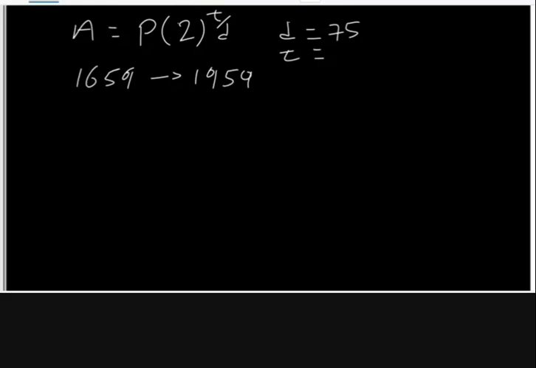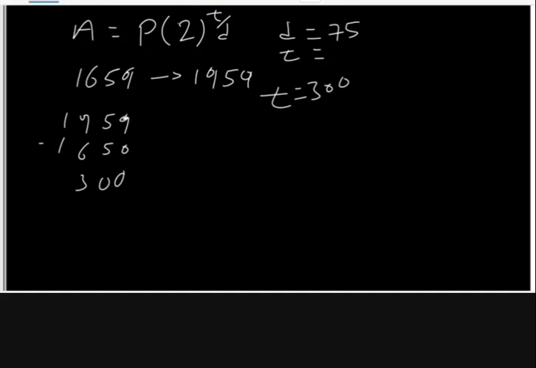Is it 300 years? If I do 1959 minus 1659, this is 0, this is 0. So 9 minus 6 is 3, so that is 300. So our T is equal to 300. Do you understand? Our T is 300.